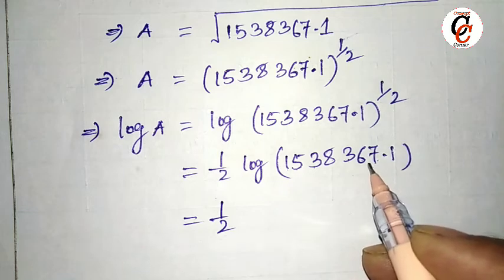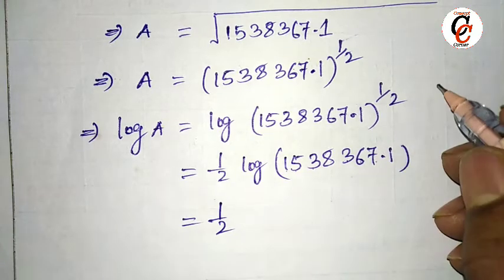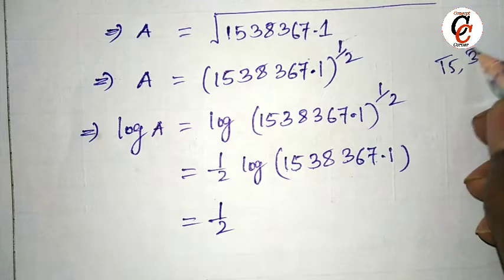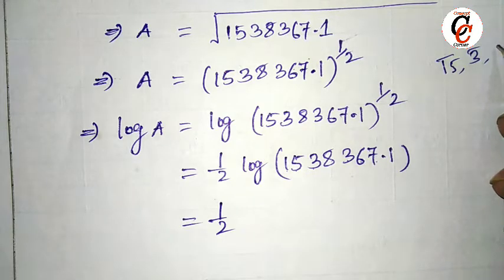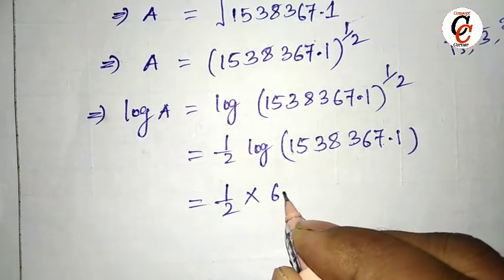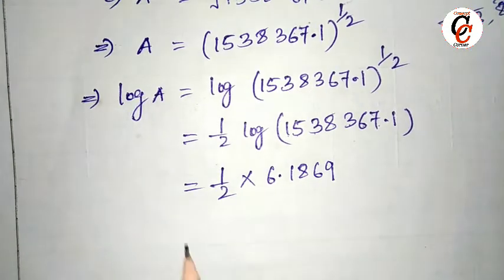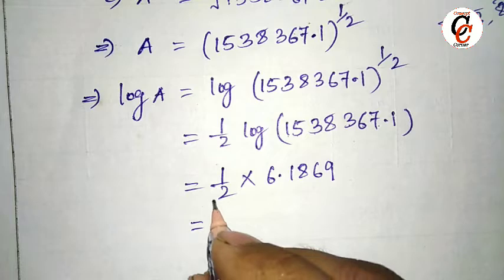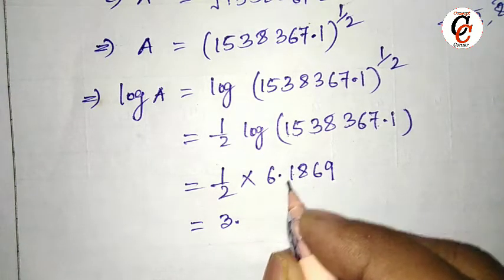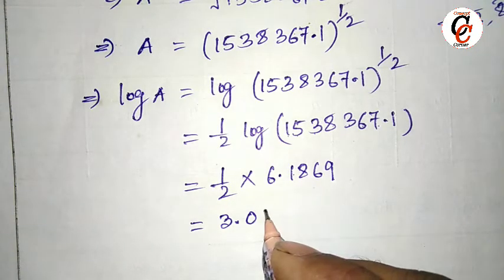Log of A will be log of 1538367.1 to the power half. So now we have to calculate the value. Half into log of 1538367.1. So using the logarithmic table, before the decimal point how many digits are there? 1 2 3 4 5 6 7. That means the characteristic will be 6.